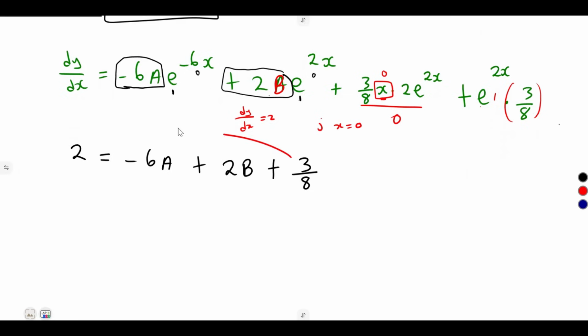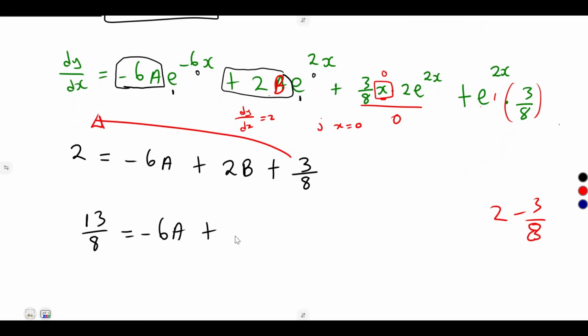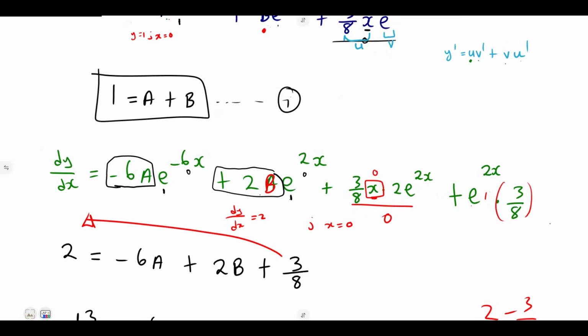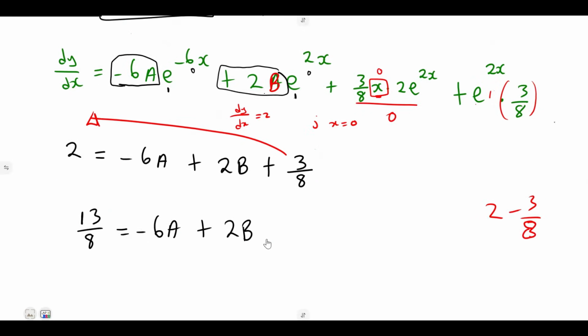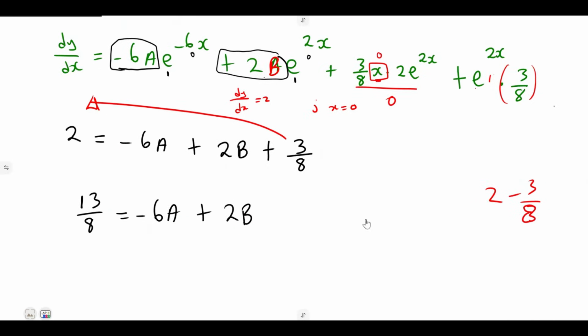We can take the 3 over 8 to the other side. 2 minus 3 over 8 is going to give us 13 over 8. So 13 over 8 is equal to negative 6a plus 2b. There's something that we can see, guys. We can see that there is a 2b. The moment we divide by 2, we can form an equation in terms of b.